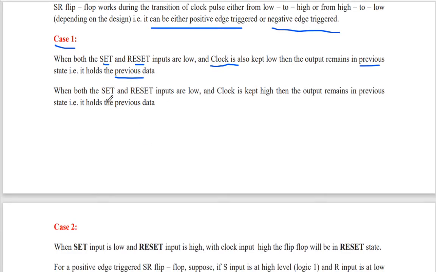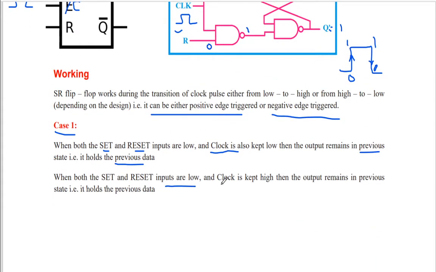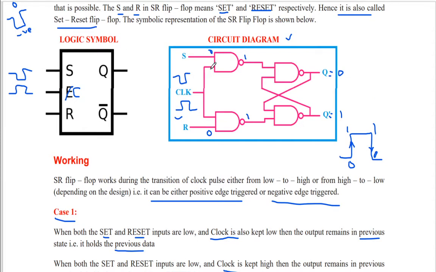Again I am keeping both S and R as 0 0. S input is 0, R input is 0, and now I am applying the clock input as high. Now you know that for a NAND gate, when either or both of the inputs are low, the output is going to be high.